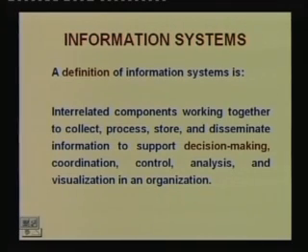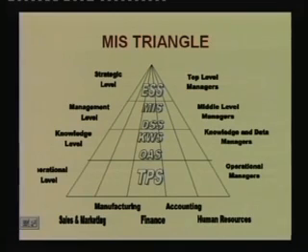To begin with, we have seen the MIS triangle. In the MIS triangle, as you can see, on the horizontal dimension we have the organizational functions like sales and marketing, manufacturing, finance, accounting, human resource and so on. And on the hierarchical level, we have got the different levels of managers, such as the top level managers, middle level managers, the knowledge and data managers and the operations manager.